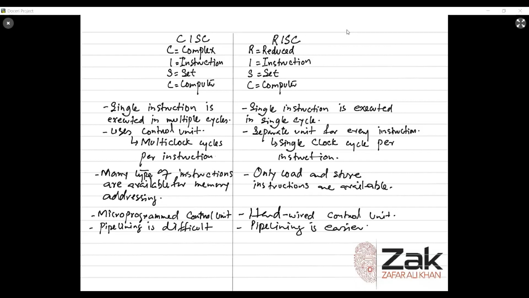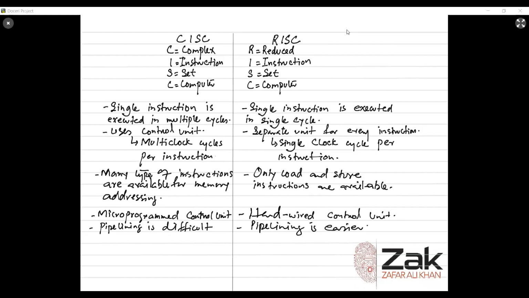All right, and then in CISC, microprogram controller, and over here hardwired control unit. What does it mean? Over here the control unit is actually microprogrammed, firmware based. Over here it is hardwired control unit.